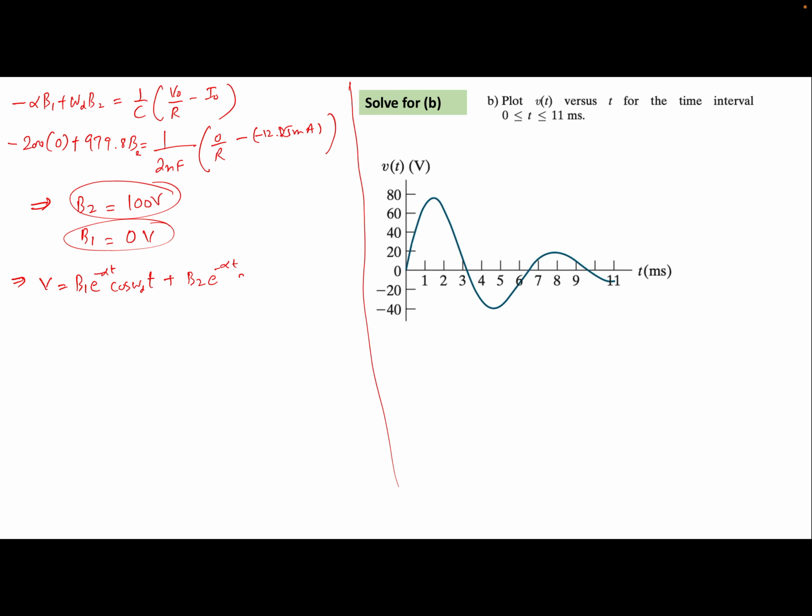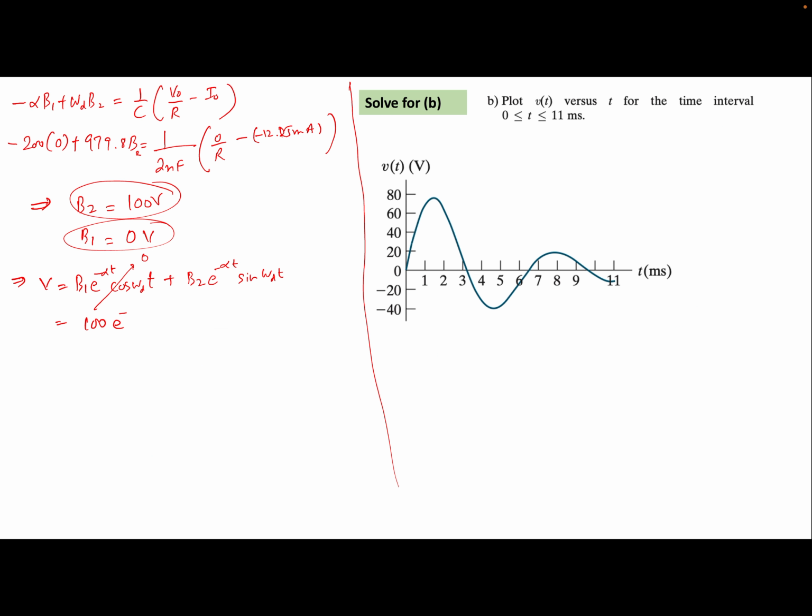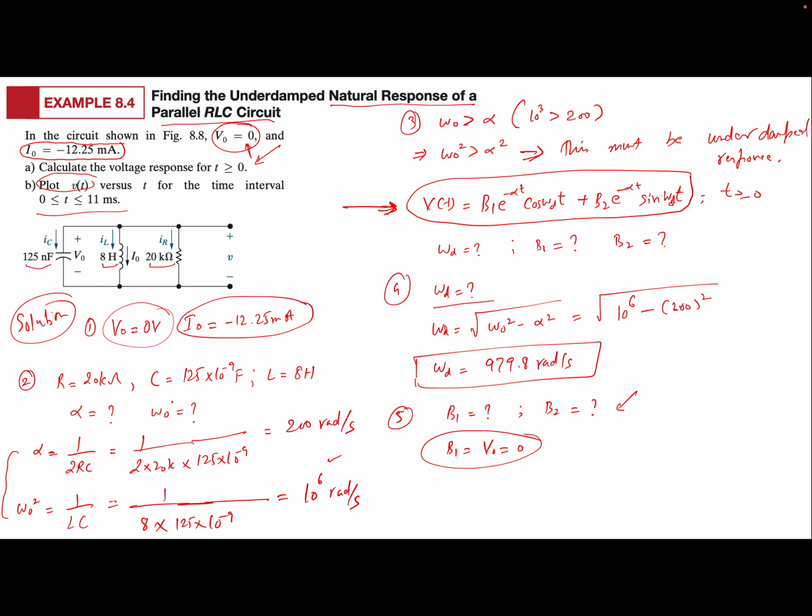So b1 is 0, so this is going to make the whole term 0. We will be left with only b2, and b2 is 100, e raised to power minus alpha. What was the value of alpha? Alpha was 200 radians per second. e raised to power minus 200t times sine of omega d. What was omega d? 979.8.